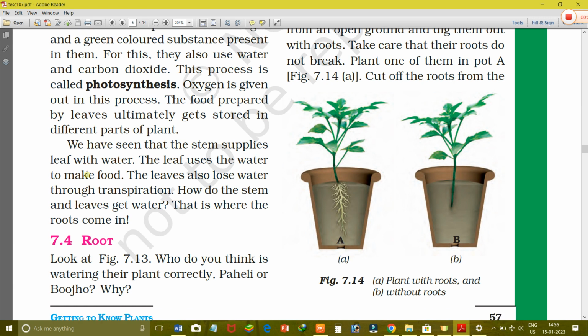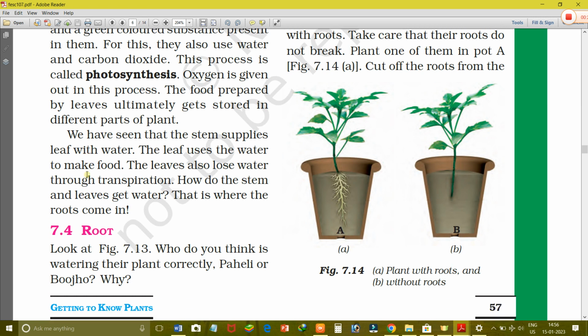The stem supplies the leaf with water. The leaf uses the water to make food. The leaves also lose water through transpiration. How do the stem and leaves get water?